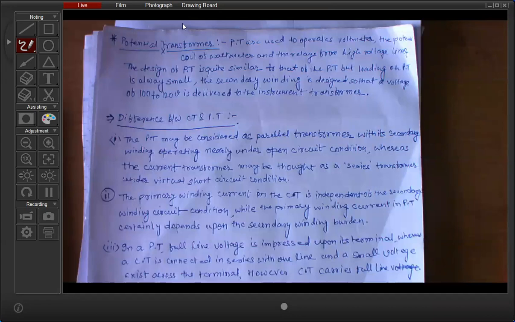That means using a current transformer and potential transformer, you can measure high current and high voltage just by stepping down, with a normal voltmeter and ammeter.